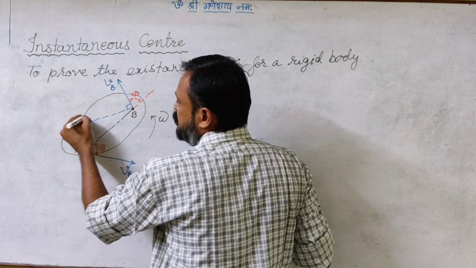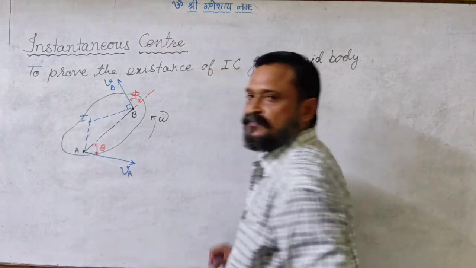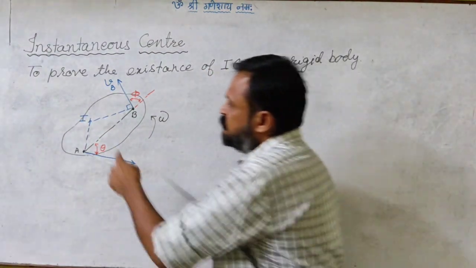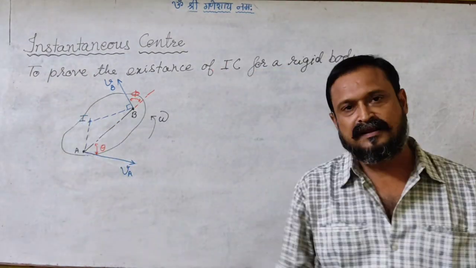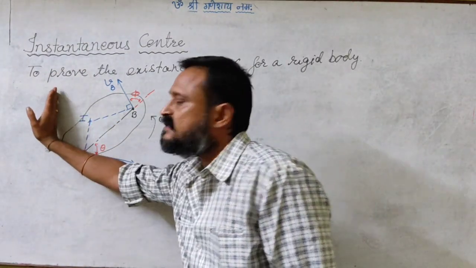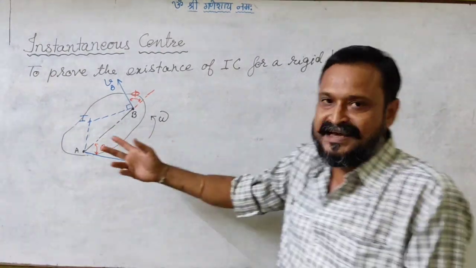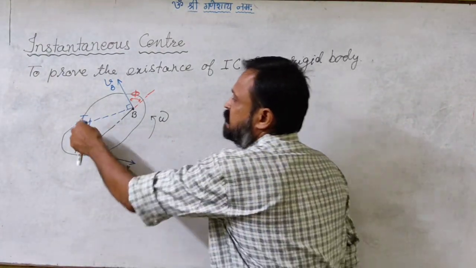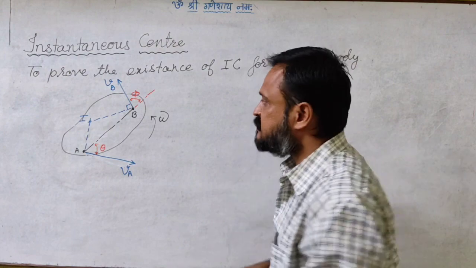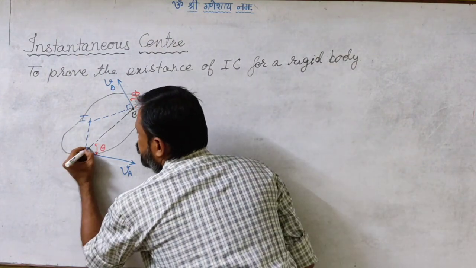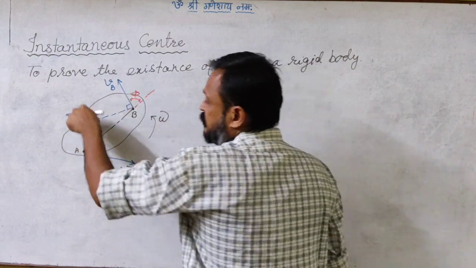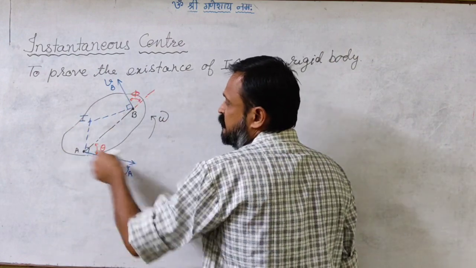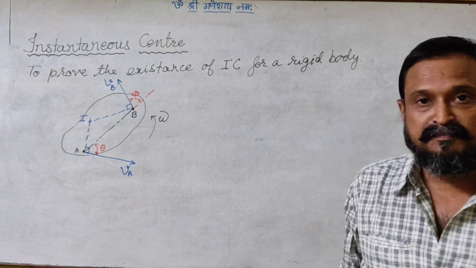So here I name this point as I. Here I have got this point inside the body. This point may as well come outside the physical boundary of the body. Anyway, wherever I get this intersection, IA and IB are perpendicular to the vectors VA and VB.